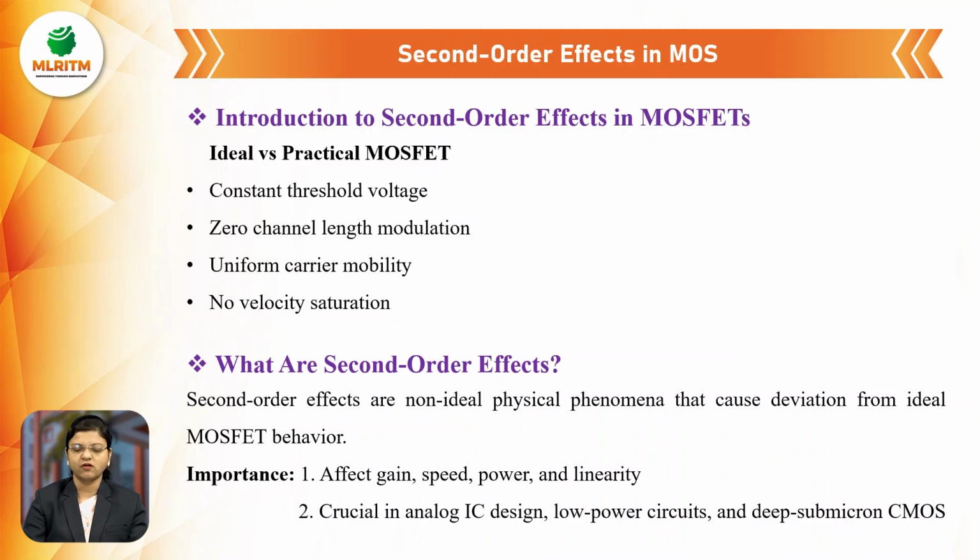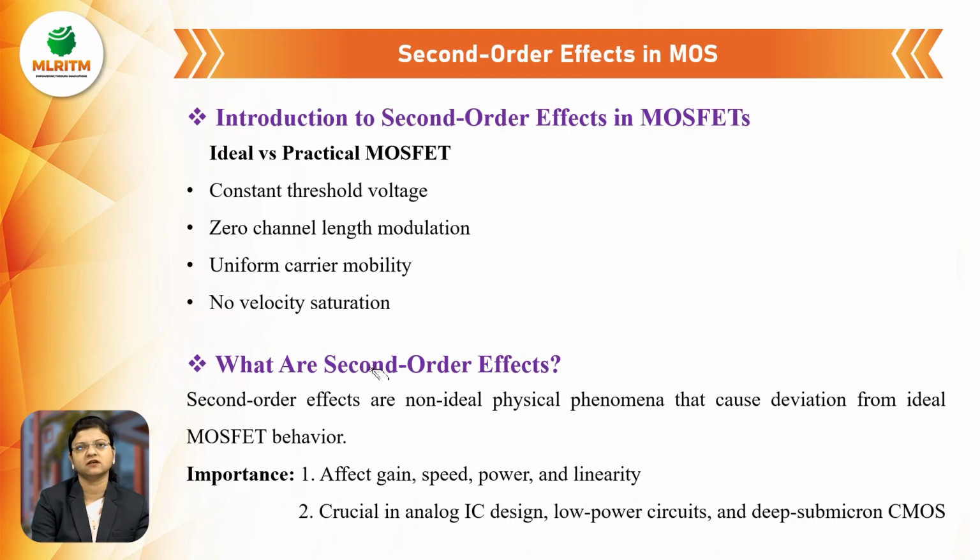But in reality, in practical cases, some effects appear in the normal operation. These effects are called secondary effects or second order effects. They are non-ideal physical phenomena which cause deviation from the ideal MOSFET.